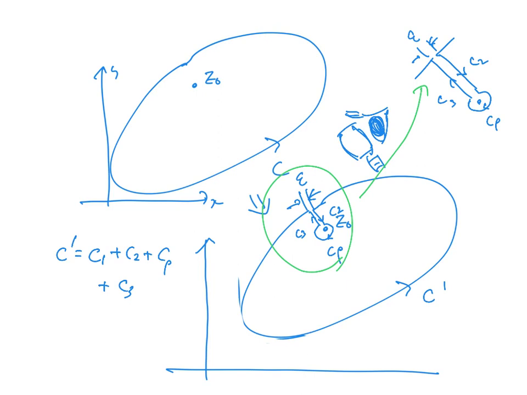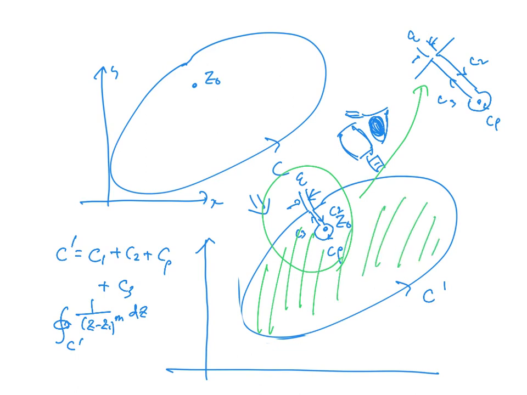So what happens? This is C prime. For C prime, as far as this curve is concerned, this point is outside, right?